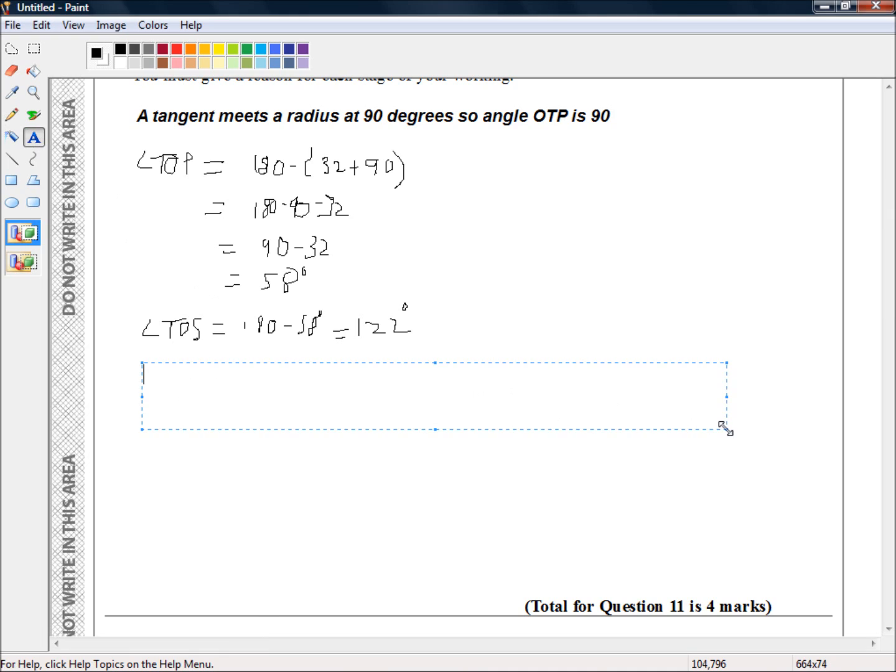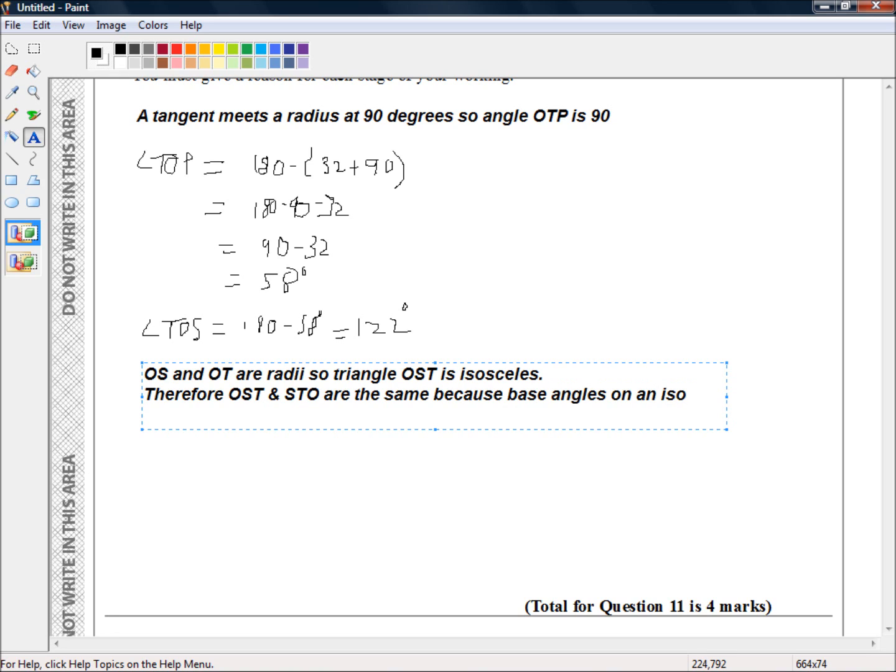So I'm going to type that. OS and OT are radii, so triangle OST is isosceles, therefore, oh, and I can't look up to see what the angles were, so I'm going from memory now, OST and STO are the same because base angles on an isosceles triangle are the same.